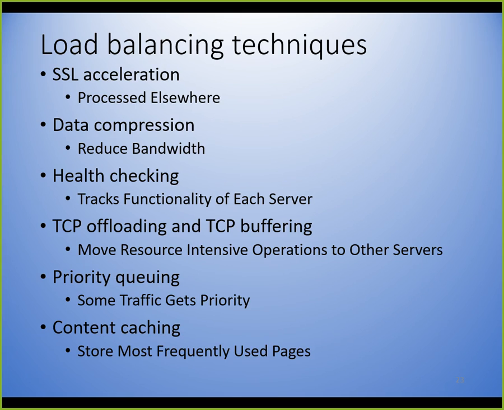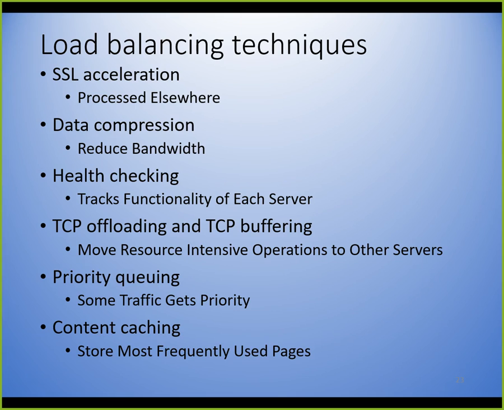Even in the dial-up days when we went from 33K to 112K, or whatever we wound up with, a lot of it was the data compression algorithms that ran. Health checking tracks the functionality of the servers. TCP offloading and TCP buffering move the resource-intensive operations to other servers.